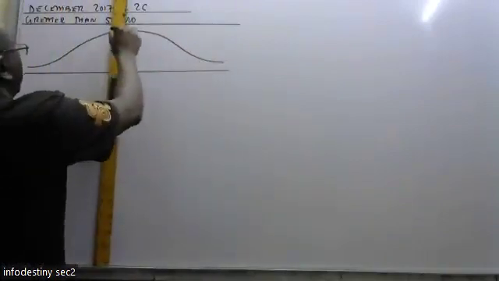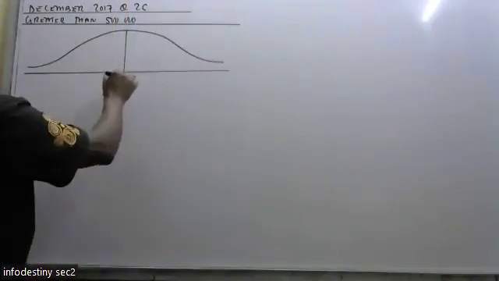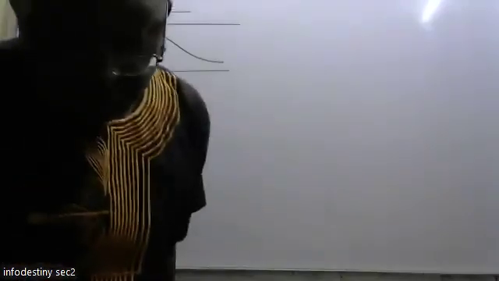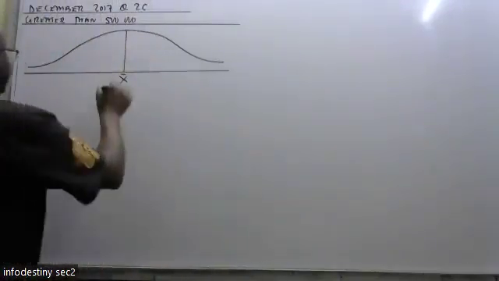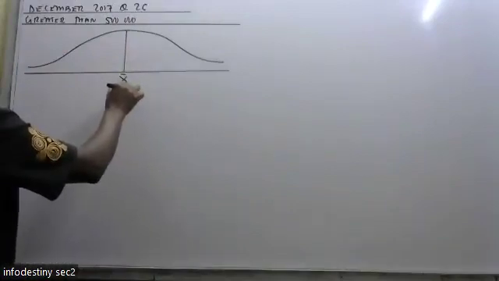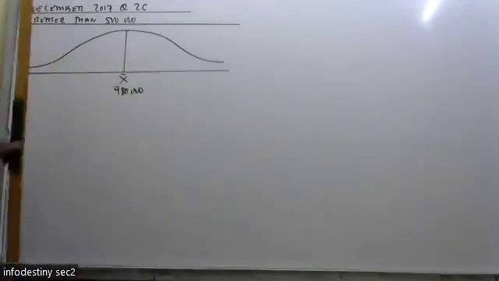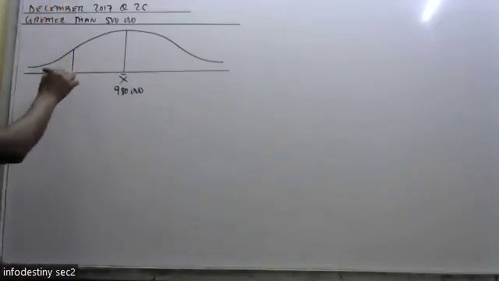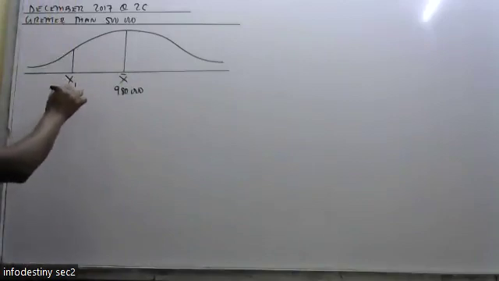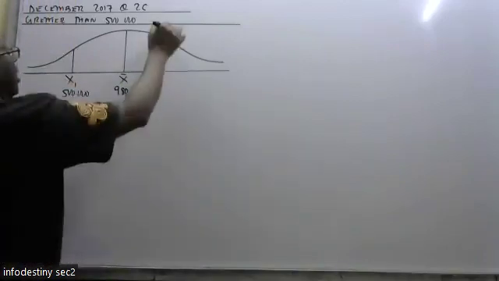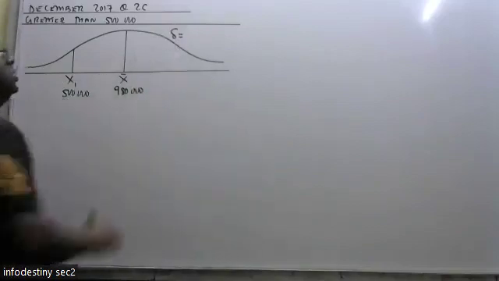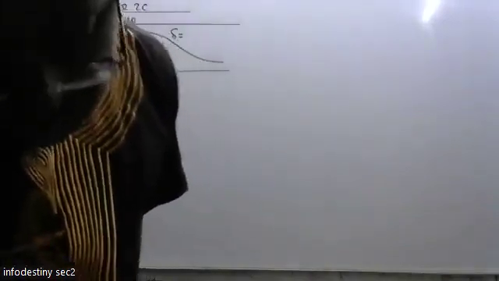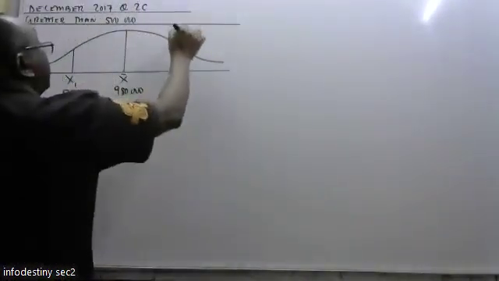Here you have the mean, X bar, which we are told is 980,000. So 500 must be on the lower side here, which we will call X1, 500. And then the standard deviation, which we are told is 160,000.